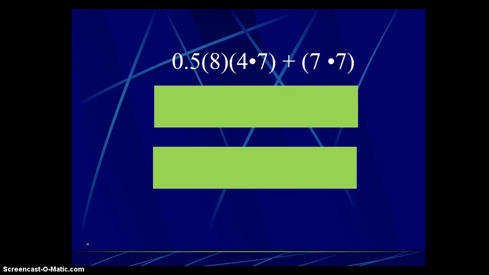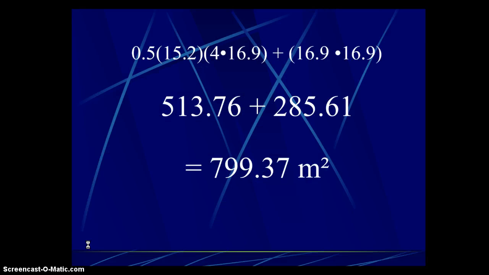So, when we get to showing our work for this, just a reminder, where's that 0.5 coming from? What does that have to do with our 1/2? And then where's that 8 coming from? That was the slant height. Where is that 4 times 16.9 coming from?